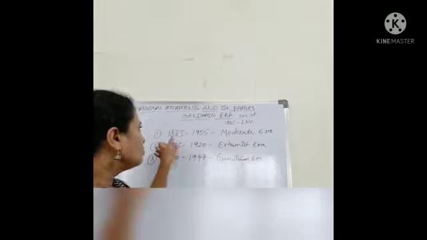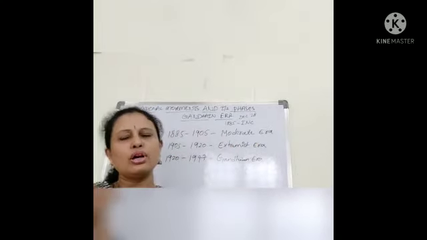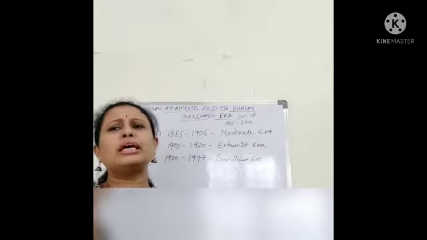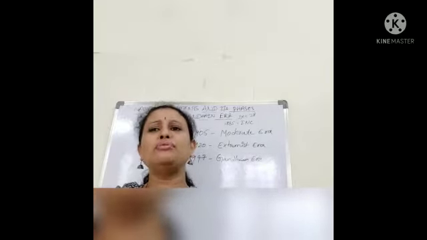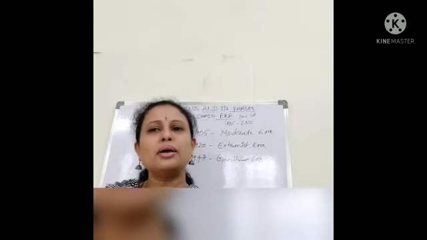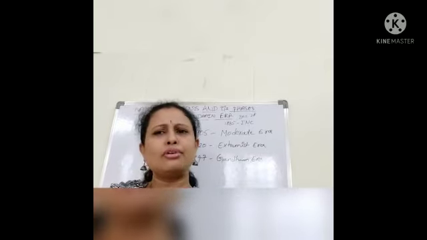That's the reason we call 1885 to 1905 the moderate era, because at that time the national movement was taken up by people who believed in protesting, requesting and pleading with the Britishers in order to get freedom, because they did not believe in violence at all.